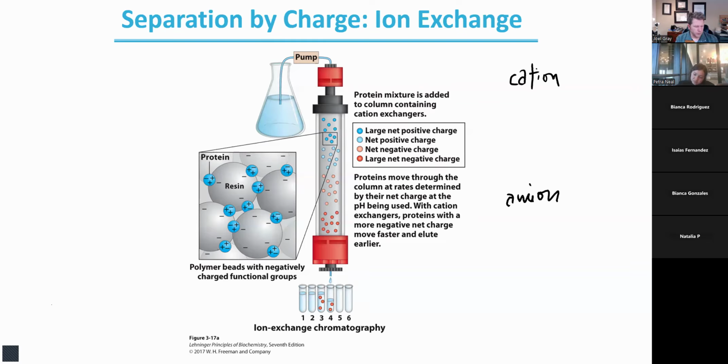Now, I hope that you guys can appreciate this comparison or analogy, but I always think of cation exchange chromatography and anion chromatography, and I'll just call them cation chromatography, anion chromatography, much like fishing. When you go fishing, you're trying to catch a fish. When you do cation chromatography, you are trying to catch a cation.